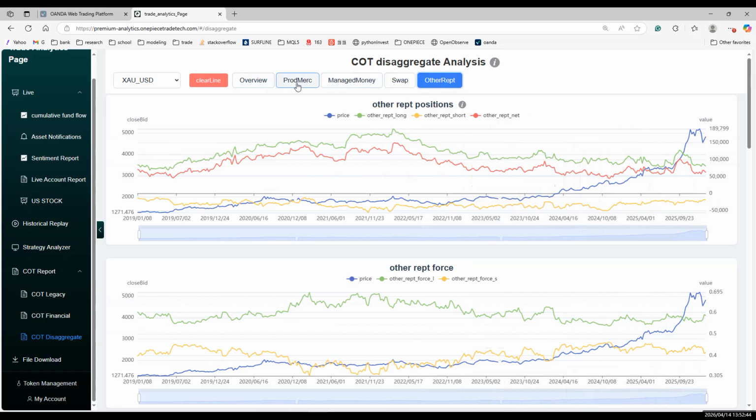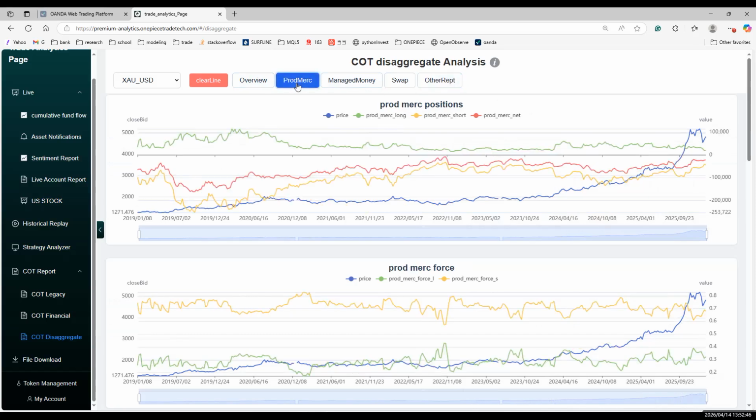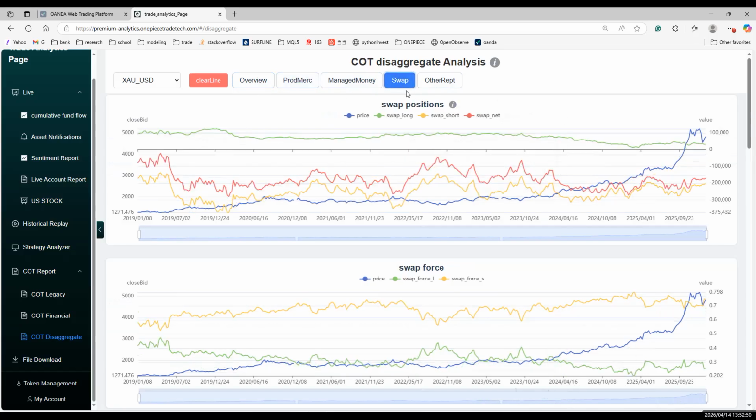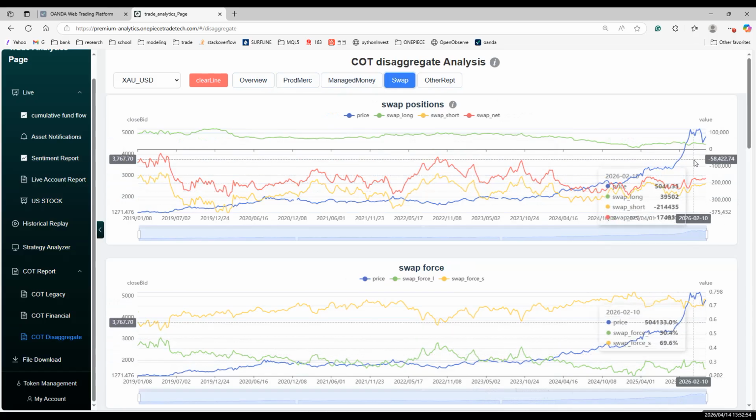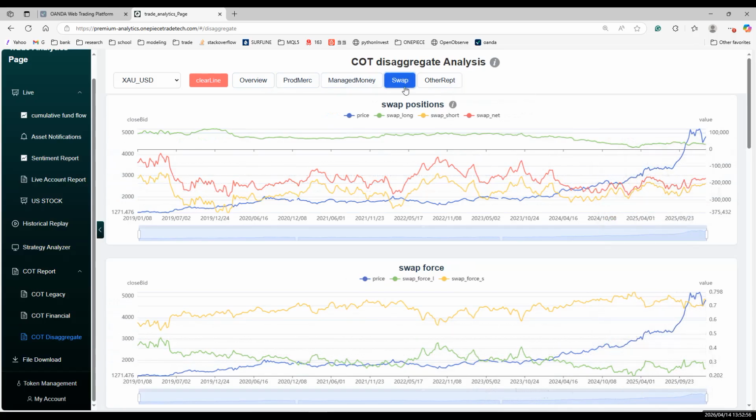And for the swaps, swaps are the major sellers on the gold futures, and as we said, they are reactive. They are the counterparty of the buyers.